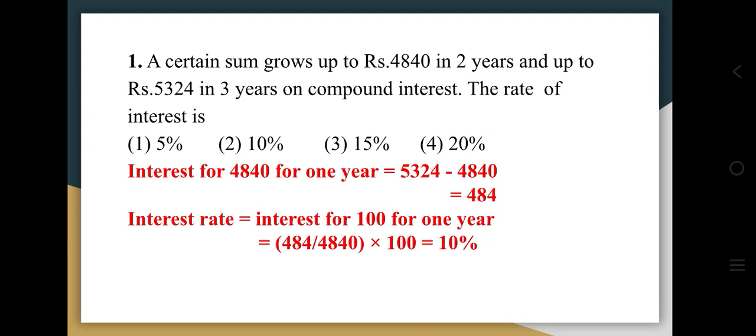We have interest for 4,840 for 1 year. So from that, we have to calculate the interest for 100 for 1 year. So 4,840 corresponds to 484. So what does 100 correspond to?